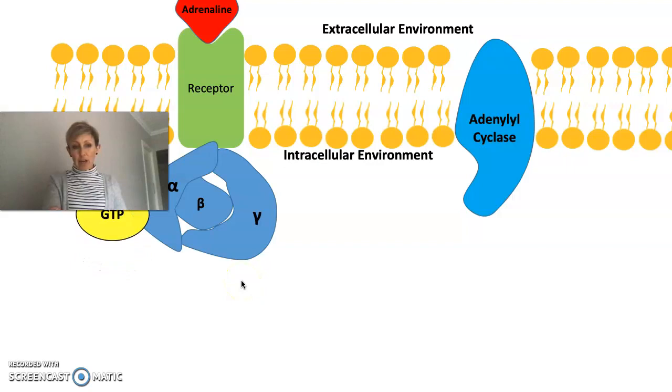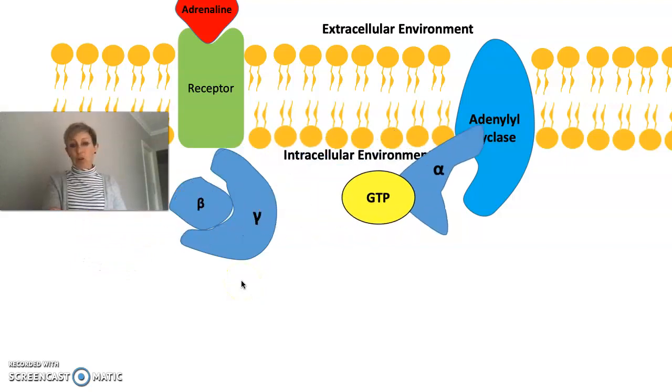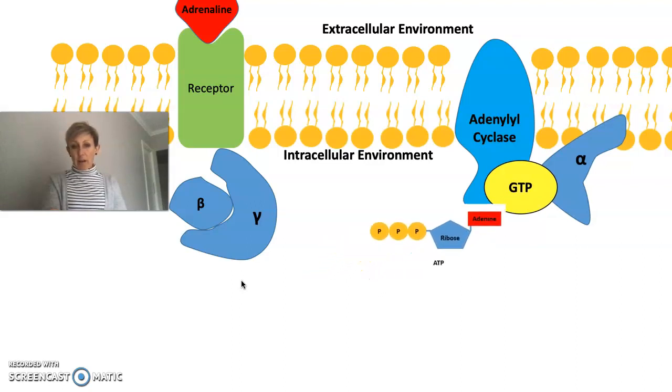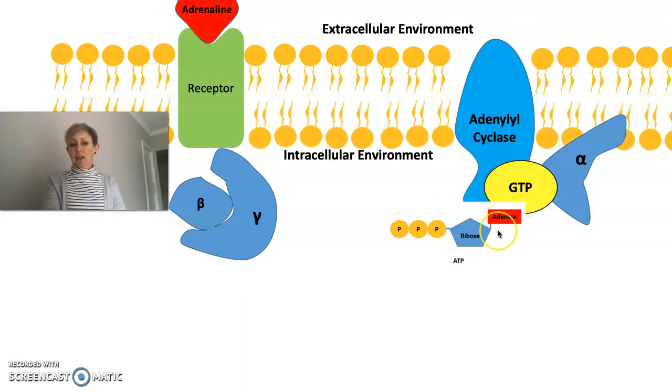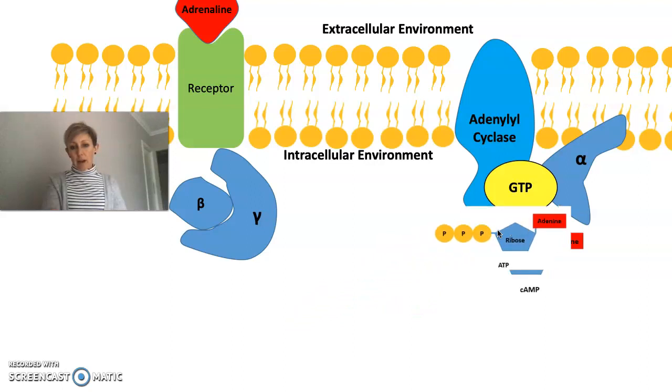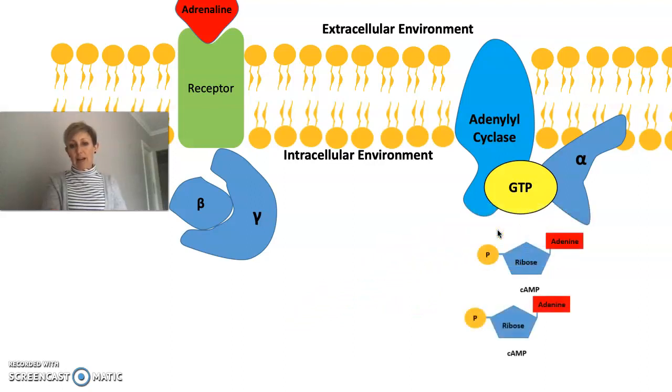So we have a change from GDP to GTP, which you don't need to remember all about. And then the alpha subunit has broken off and joined another molecule, adenyl cyclase. And we've got a series of steps here, which you can see occurring, which make up your signal transduction.